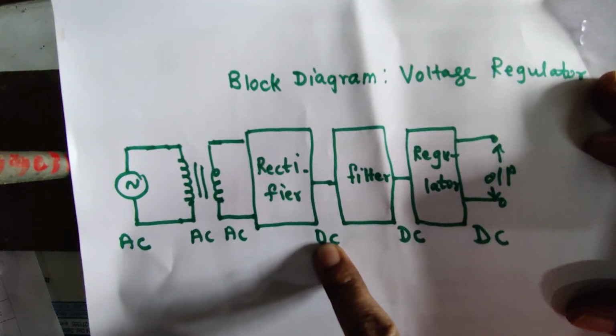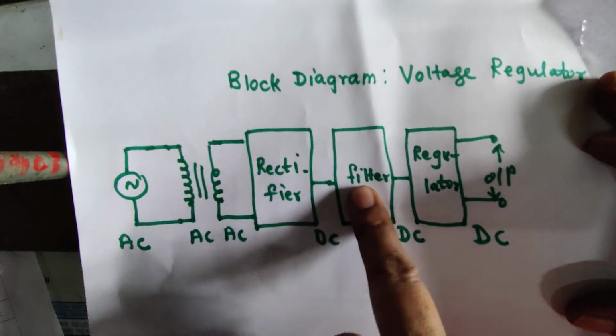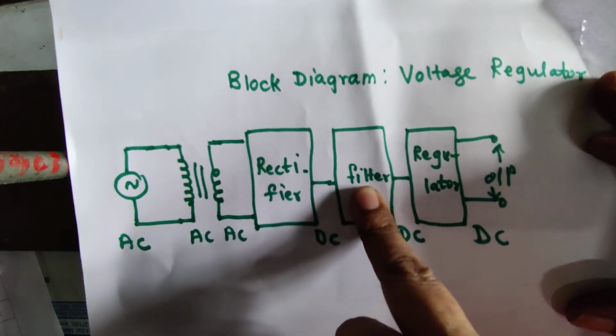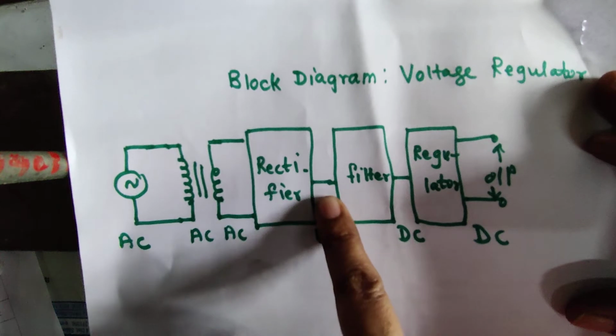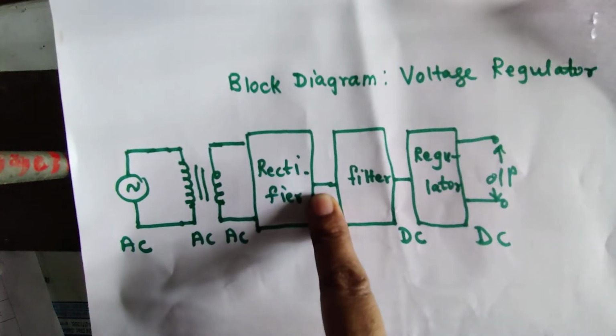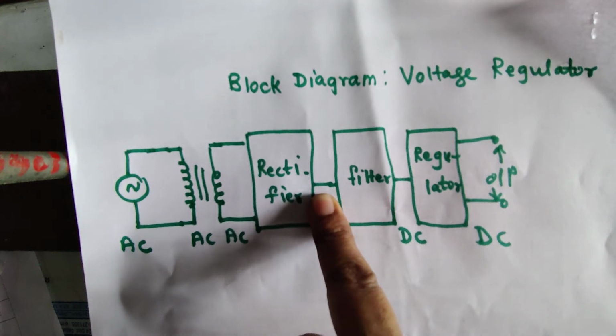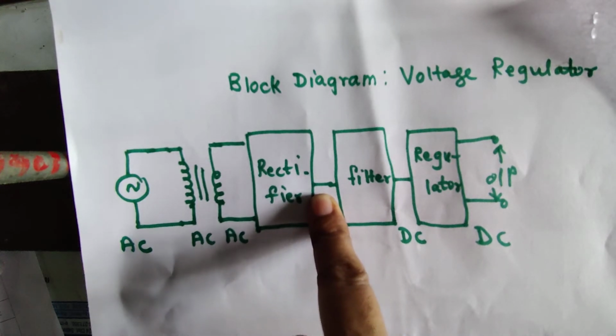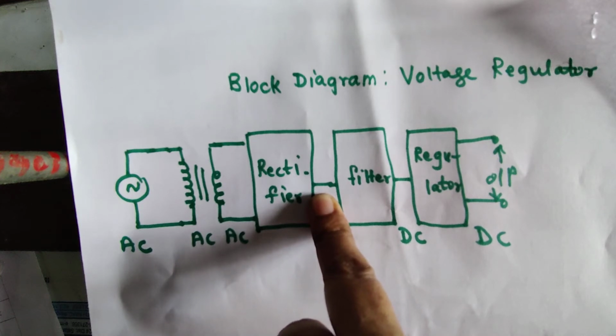After that there is a filter. A filter is a circuit which removes the AC components from the DC output of the rectifier. At the output of the rectifier it is expected that we should get pure DC, but pure DC is not obtained. Along with DC there are a few unwanted components, and one of them is the AC component.